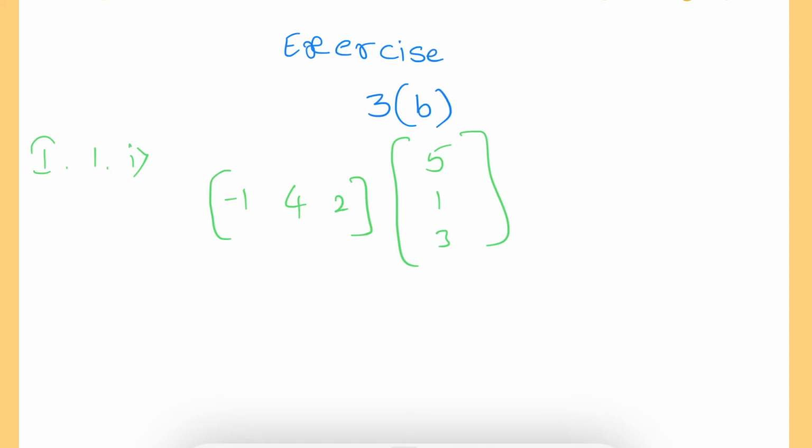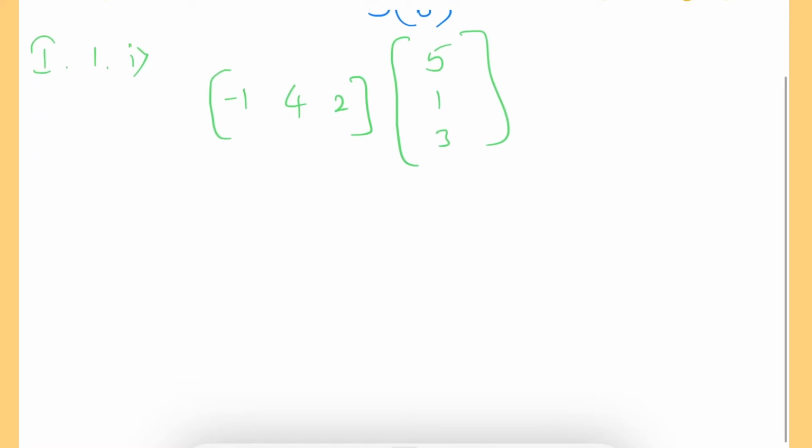Here we have only 1 row and 1 column. So this type of multiplication is very easy.